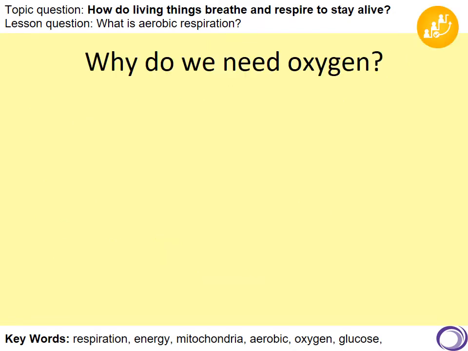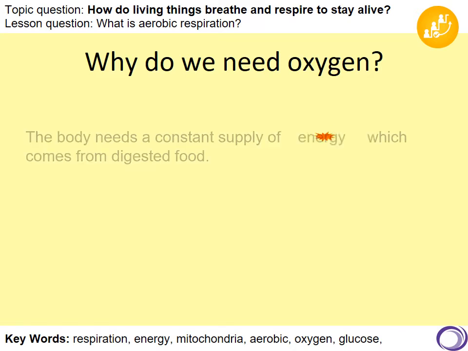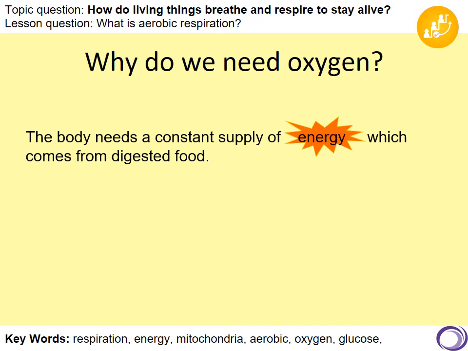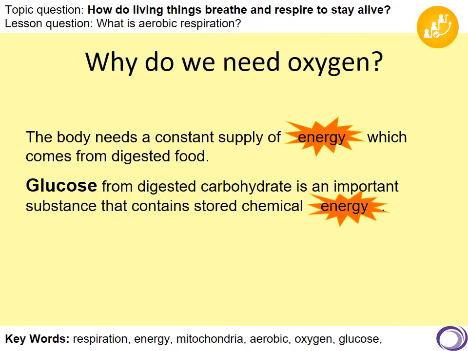But now we've looked at how oxygen gets into our body, why do we actually need it? Well, the body needs a constant supply of energy, and we get that from our digested food, particularly glucose from the digestion of carbohydrates, which is a really important substance that contains lots of stored chemical energy.